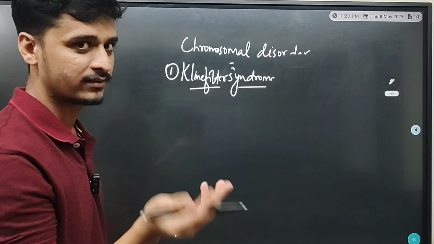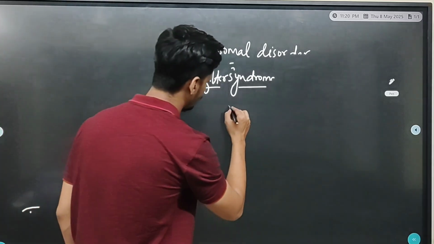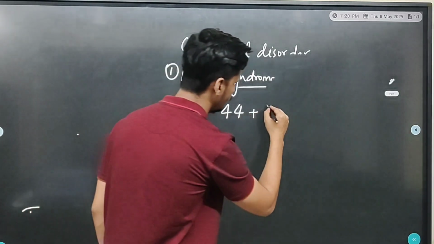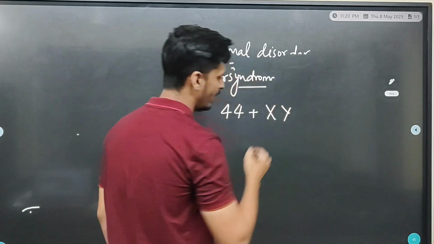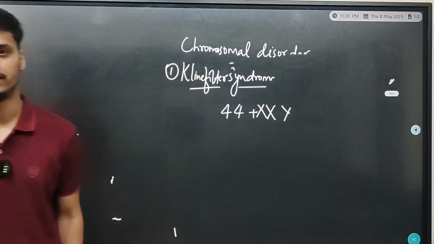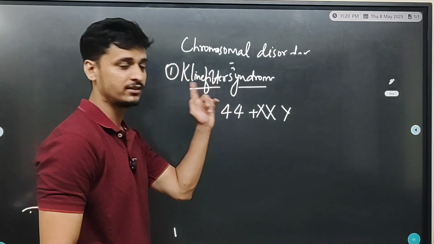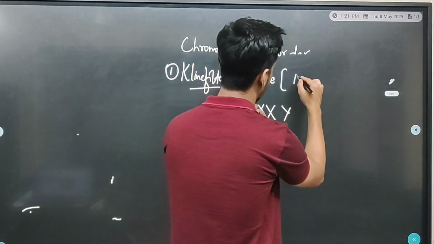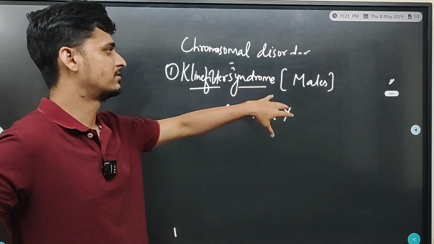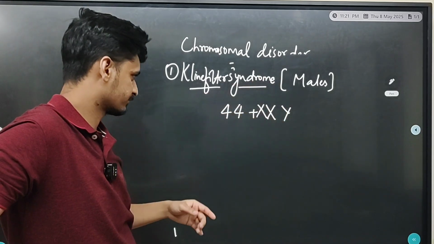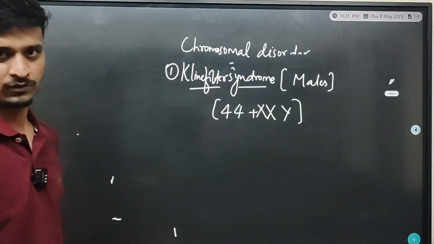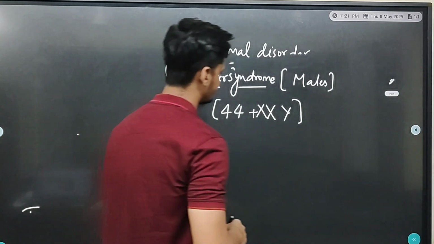We know allosomes are the X and Y chromosomes. The normal constitution is 44 autosomes and allosomes X, Y, but in Klinefelter one more X chromosome will be present. Patients are males, so their genetic constitution will be 44 plus XXY.